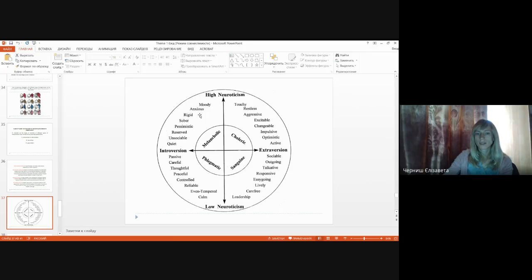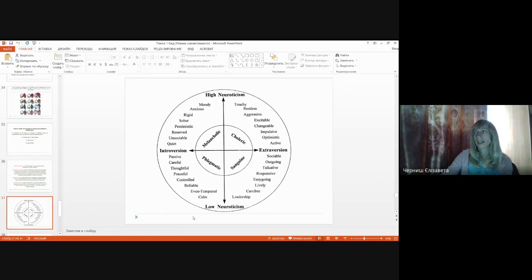And you see that, of course, it can be mixed. Often we do not meet purely melancholic or sanguine or choleric persons. We have mixes of these temperaments, mixes of these types of nervous system activities, with some mixed features.